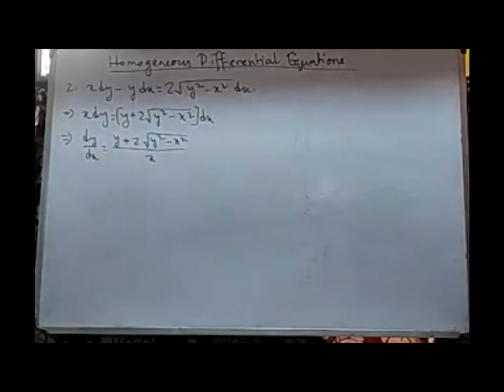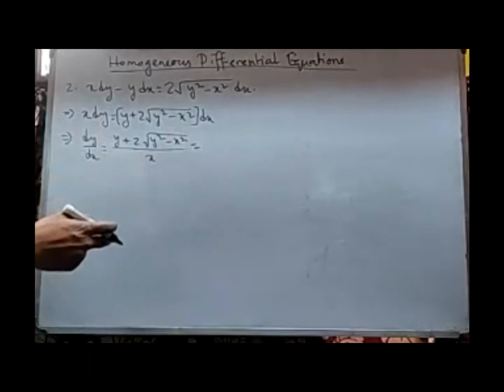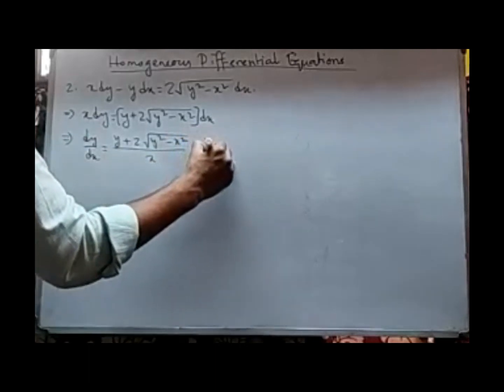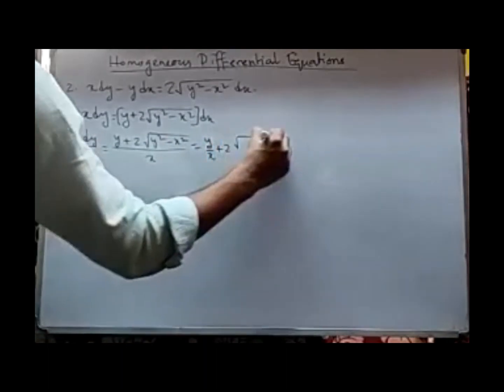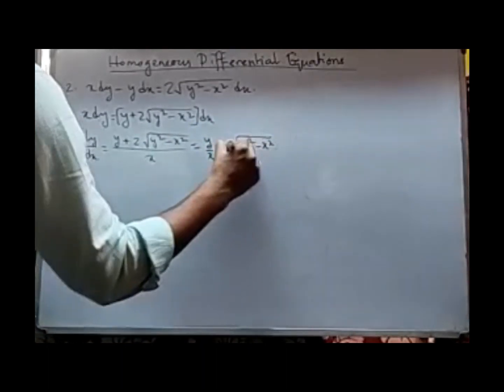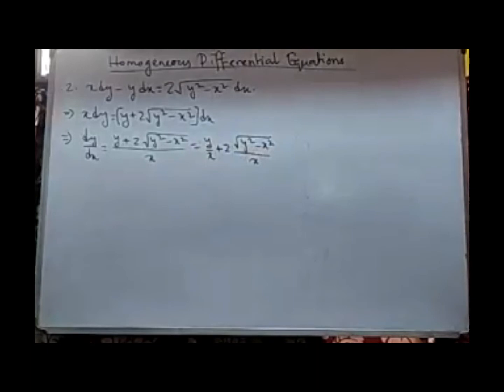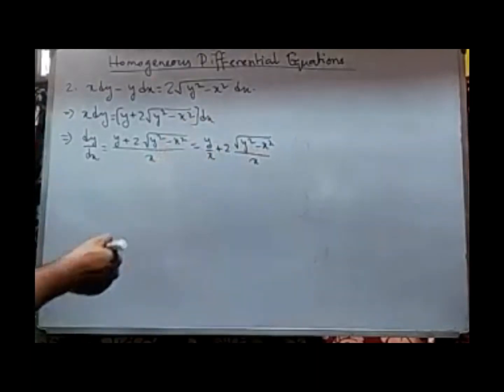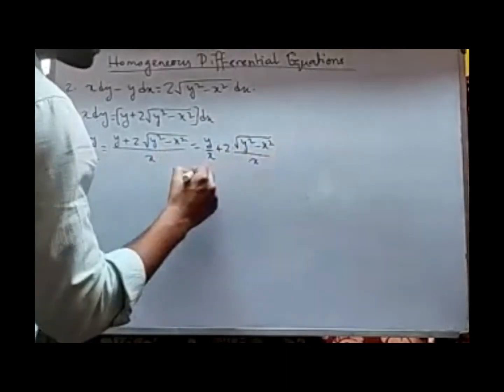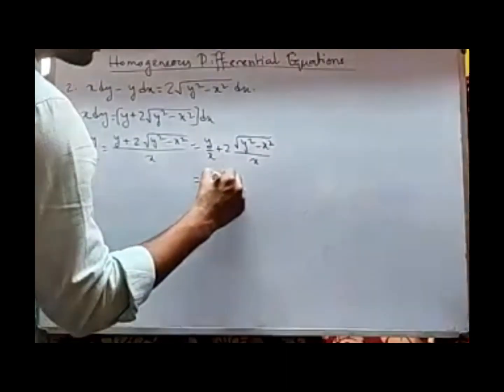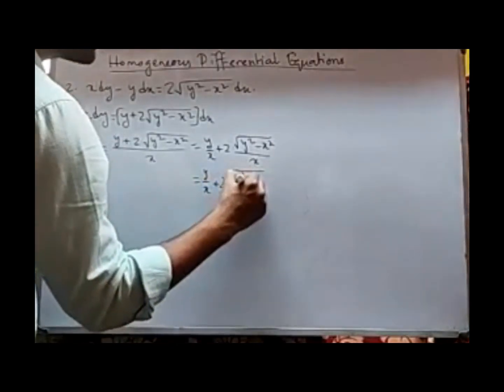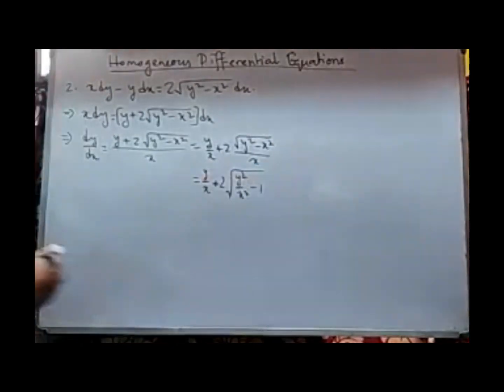So when you are splitting this function, you see we are having that thing. So we can split it as y by x plus 2 into square root of y square minus x square by x. And we can take this x inside the square root and we can write y by x plus 2 square root of y square by x square minus 1.